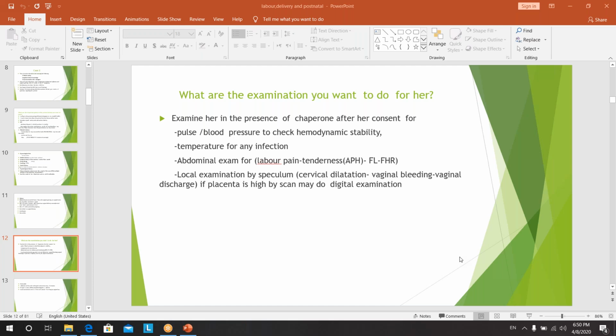You can start the tocolytic now. As you know, the first choice is nifedipine. So you can give the nifedipine to the patient to get benefit from the corticosteroid. And if the patient is in active labor, you also give her the antibiotic. So you don't know when this arrangement for the transfer will be finished.